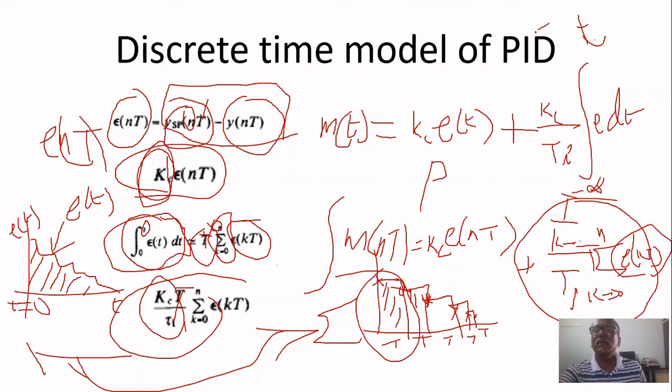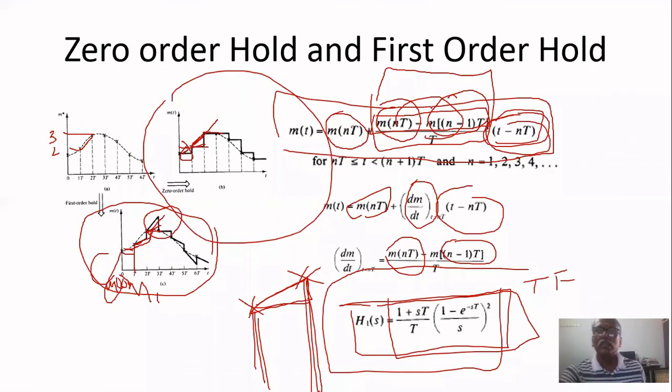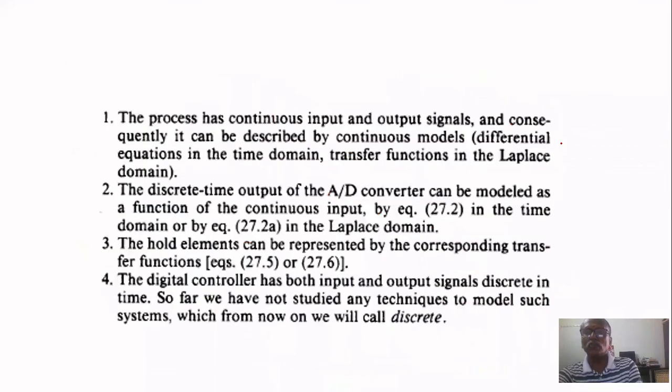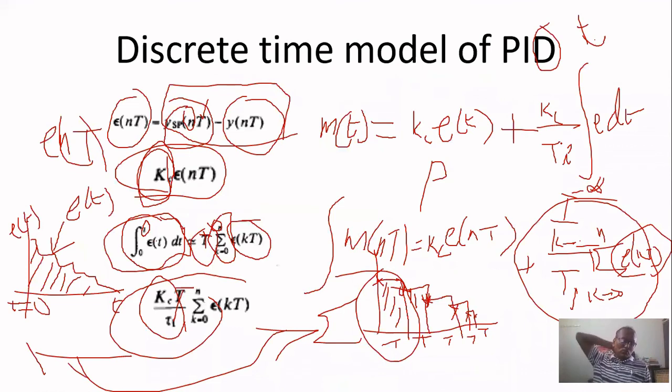How to find the derivative? Already we have seen the derivative in the first order hold circuit: m(nT) minus m((n minus 1)T) divided by T gives a slope. Slope is nothing but d by dt. So we know the slope multiplied by Kc Td will give the derivative controller output.